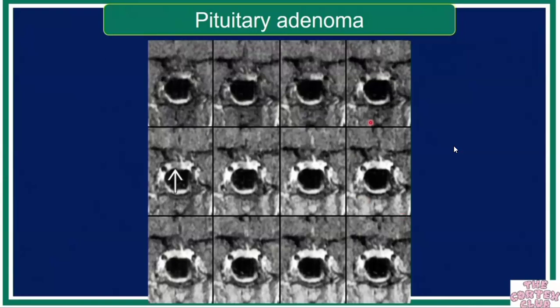And as you can see on these serial images, the enhancement of the pituitary tissue itself starts very quickly. You can see that in all these images, there is already enhancement of the pituitary gland. And this lesion that is enhancing less than the pituitary tissue itself jumps out in contrast to this intensely enhancing pituitary tissue.